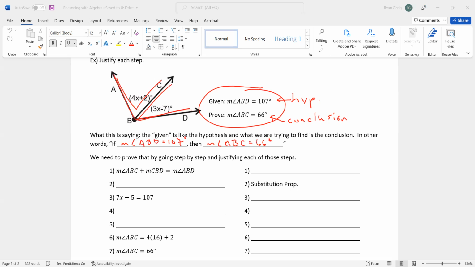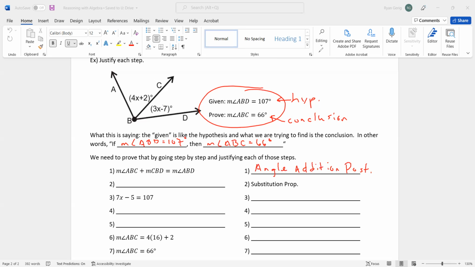Now we've talked about that one last unit. What is that called? If I add two angles together and that equals a whole angle, what's the angle addition postulate? So notice I'm using something from a previous unit. Those are fair game. Something from previous math classes, fair game for reasons for proofs.